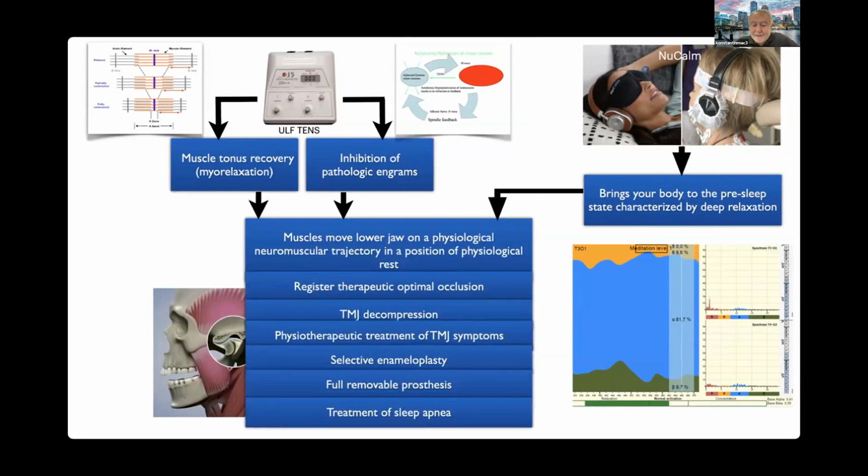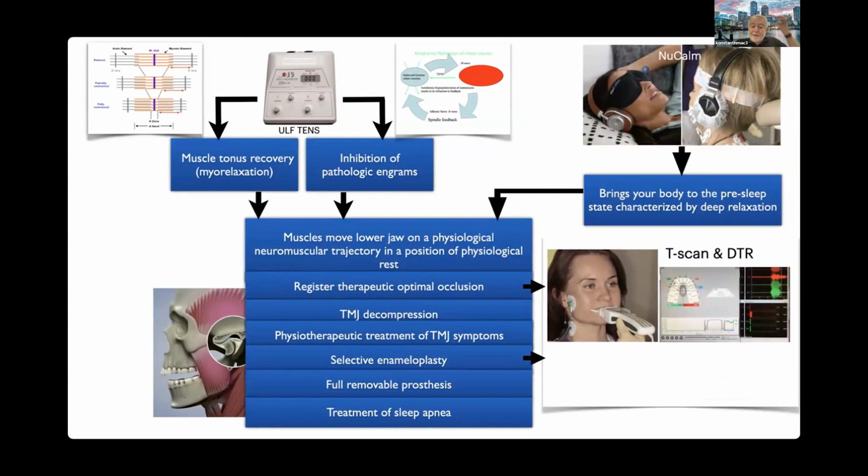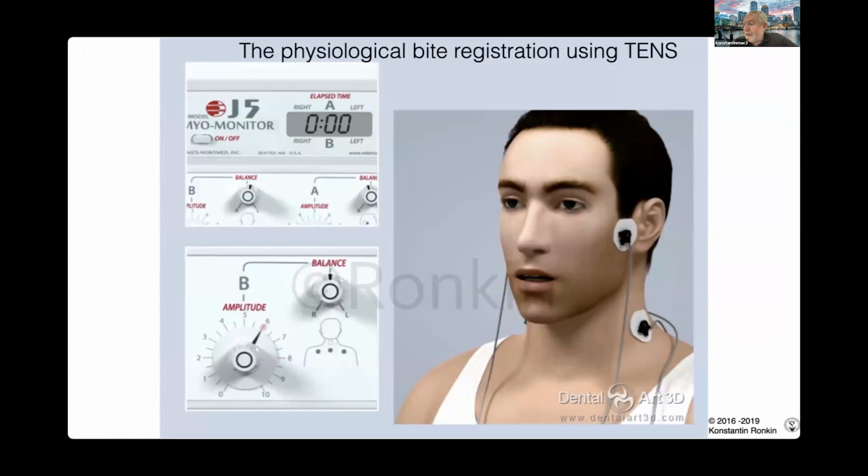We can treat sleep apnea. And when we're doing selective enameloplasty or registering therapeutic optimal occlusion, we can also use T-scan and DTR technology to finalize micro occlusion. And also, I'm going to show you how we can use this technology to determine the physiological bite.